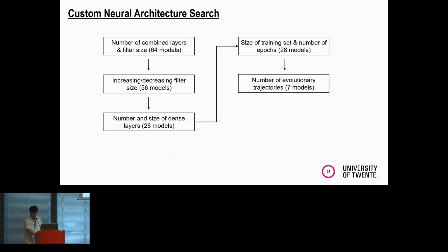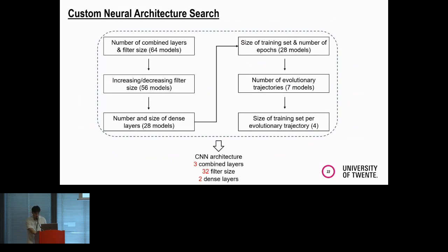Then in the last 3 steps, we explore the hyperparameters of the training process. We double the size of the training sets and the number of epochs, and we also change the number of evolutionary trajectories. Finally, we obtain a CNN architecture of 3 convolutional layers with 32 filters and 2 dense layers.